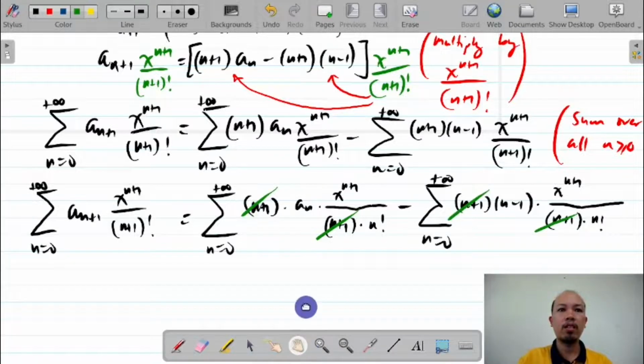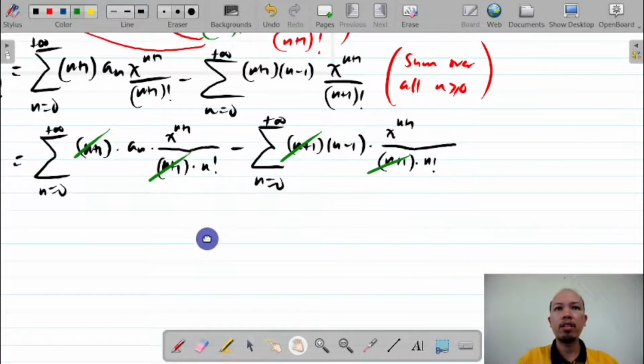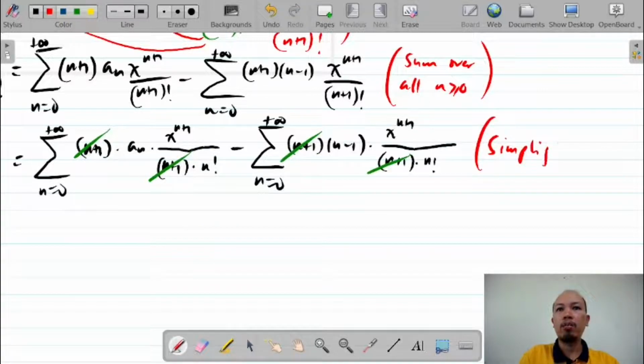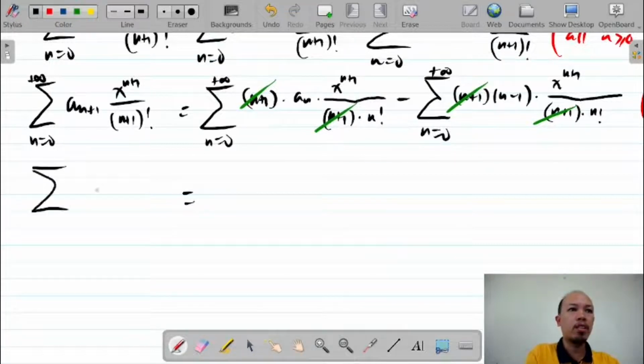Okay, so after simplification, we have to put here, simplify. So just copy the left hand side. We have the summation of a sub n plus 1 x to the n plus 1 over n plus 1 factorial, 0 to positive infinity.